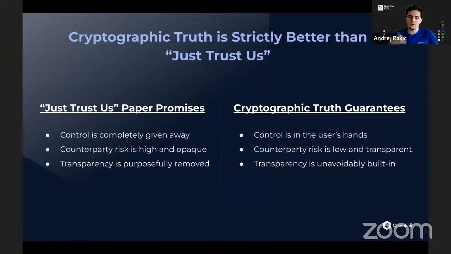On the right side of the screen, there are so-called digital cryptographic agreements, basically smart contracts with some additions. With smart contracts, the code is public, immutable, and live 24/7 on a blockchain, which means that once the term sheets are deployed to a blockchain, you cannot change them, right? That's why DeFi is so powerful.